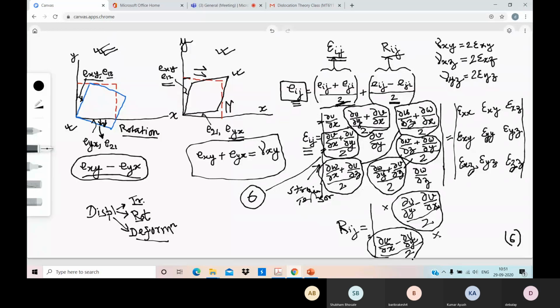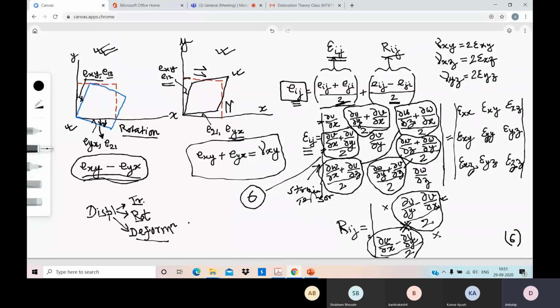So it comes out as del V del X minus del U del Y by 2. Whereas this term is del U del Y minus del V del X by 2. So these two are not equal. And this is represented by the minus sign as expected in rotation.